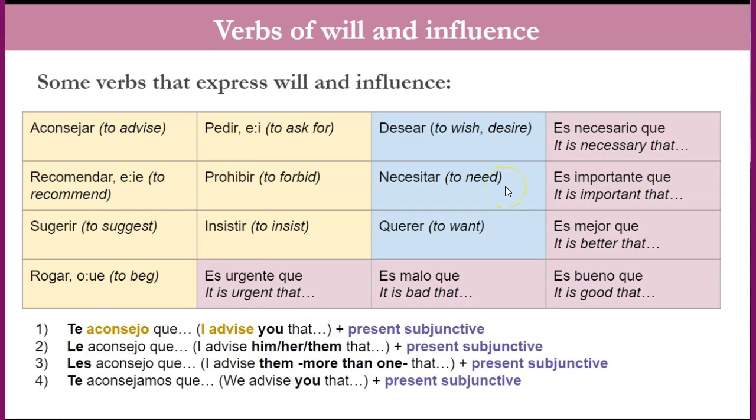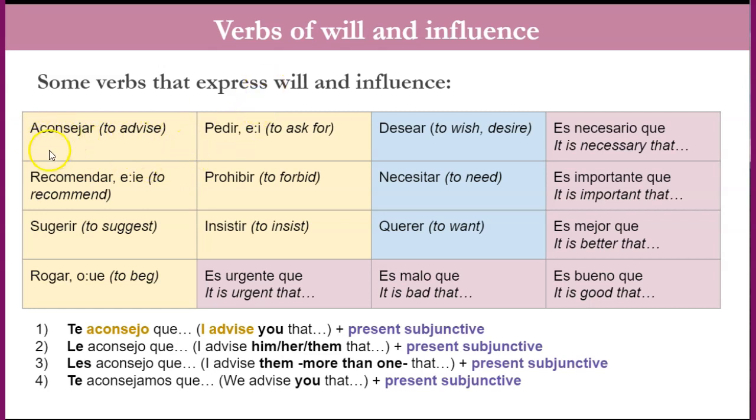Here we have a table, a list of some verbs that express will and influence. These are the most common ones. You might find other ones. I put them in colors because I want to highlight something different about them. But we're going to go one by one first. Aconsejar, to advise.